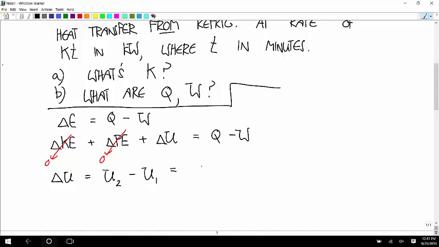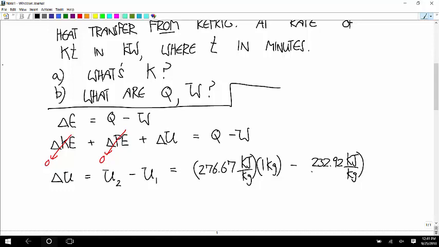And that is 276.67 kilojoules per kilogram times 1 kilogram minus 232.92 kilojoules per kilogram times 1 kilogram. And so we just get a value of positive 43.75 kilojoules.